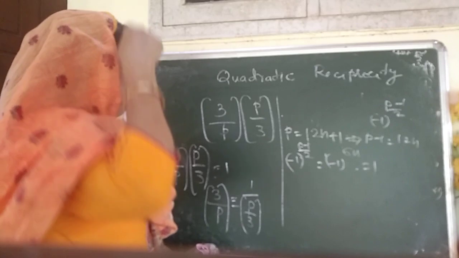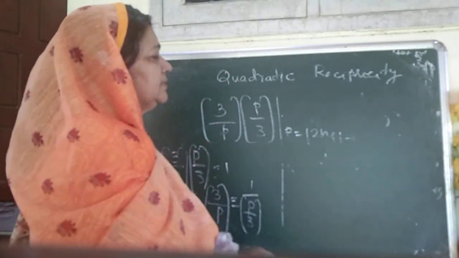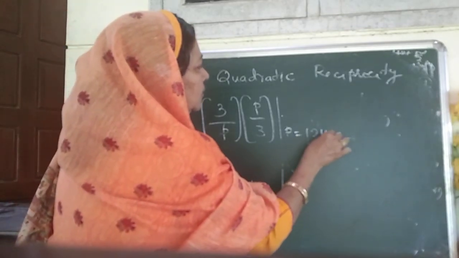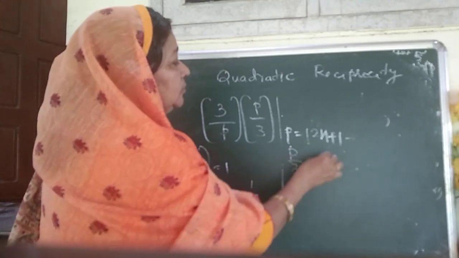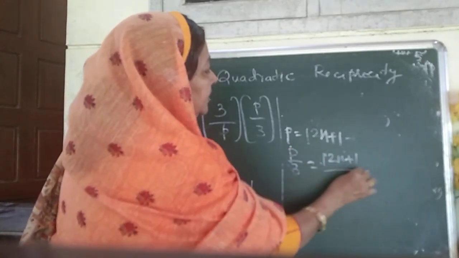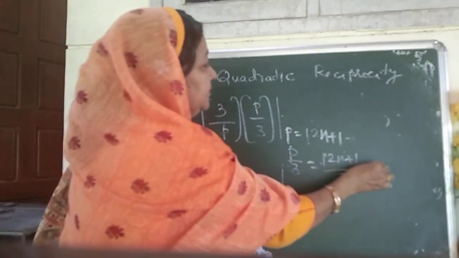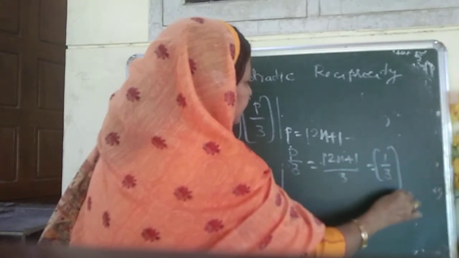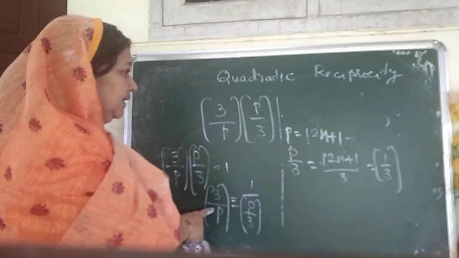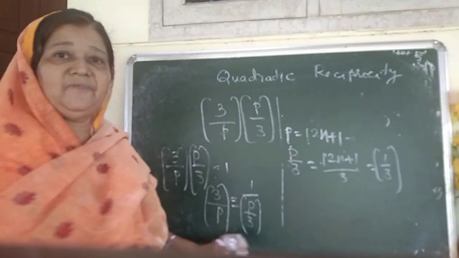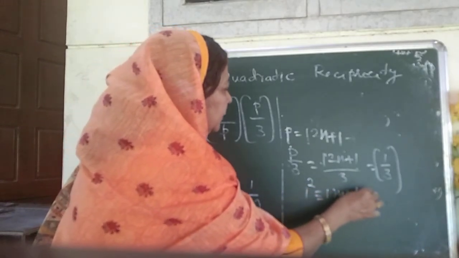Then what is p? We have p equal to 12n plus 1. So (p/3) equals ((12n plus 1)/3). Since 12n is a multiple of 3, it gives (1/3). Therefore (p/3) equals (1/3). But we know 1 squared is congruent to 1 mod 3.